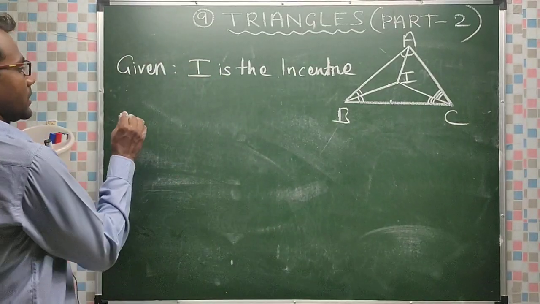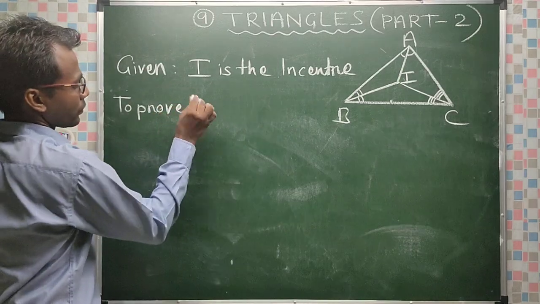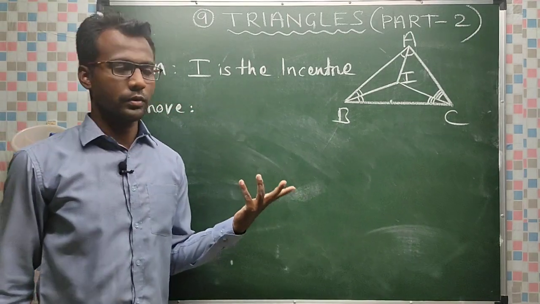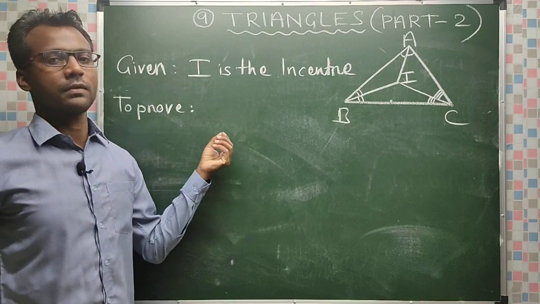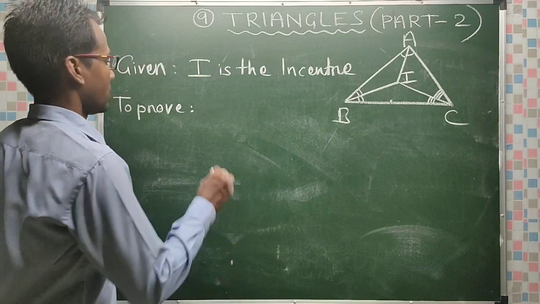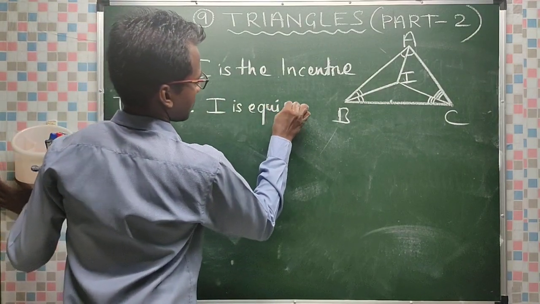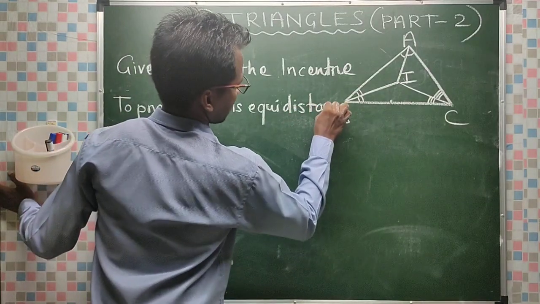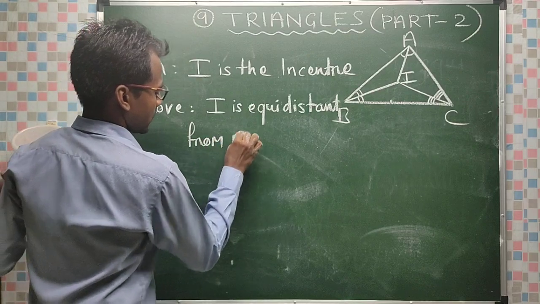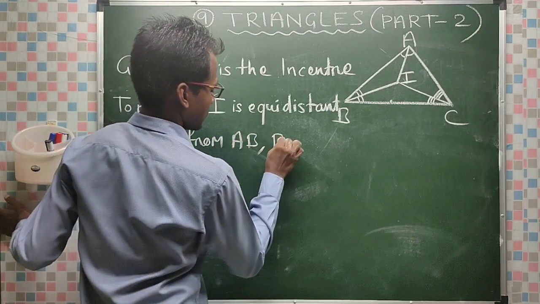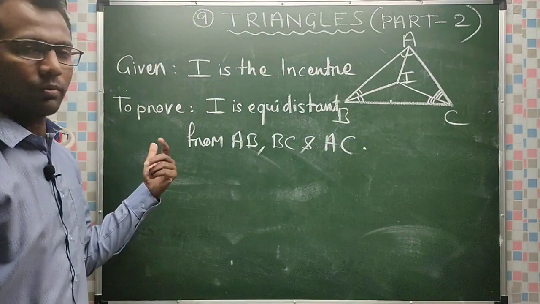Then to prove: incenter I is equidistant from AB, BC and AC. Okay, this we have to prove.